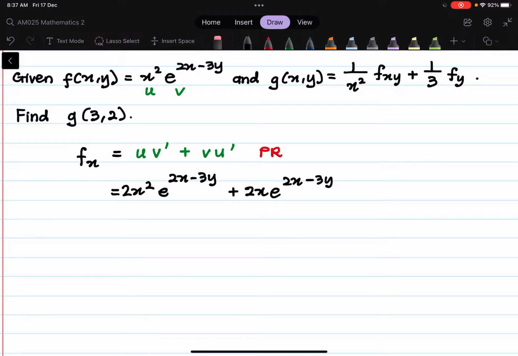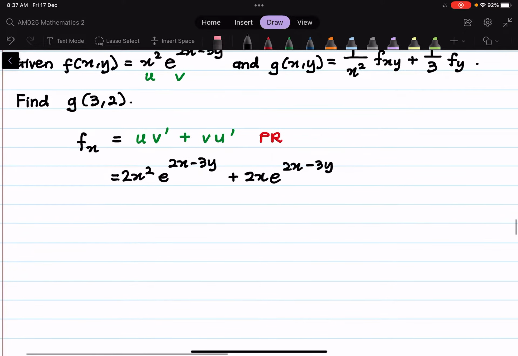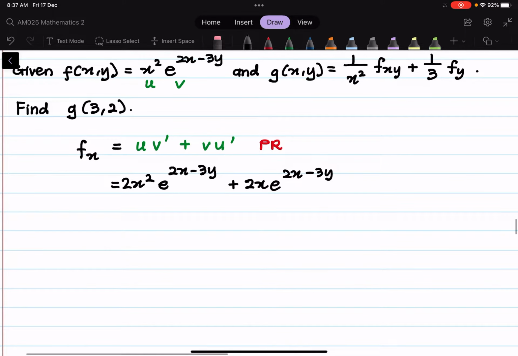Okay, so just before we start to differentiate with respect to y for the second order partial derivative, let us factorize first. Okay, so we have both 2x and 2x and also e^(2x - 3y) here.